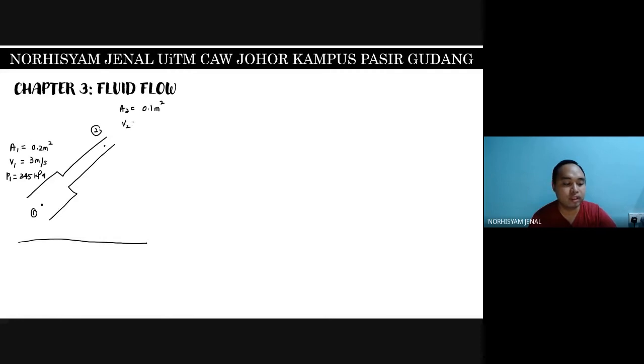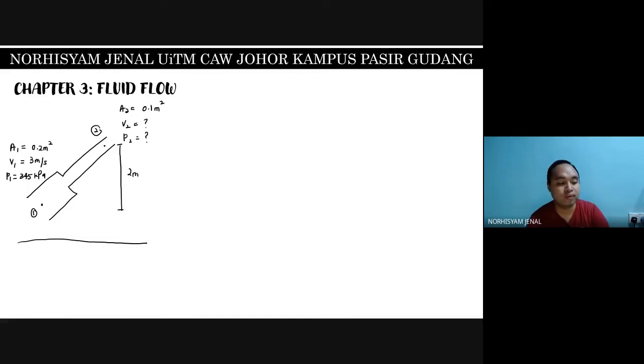V2 is not given in the question, and P2 is not given in the question too. And then we have the elevation between these 2 points. The difference between these 2 points, the height, should be 2 meter, for example.